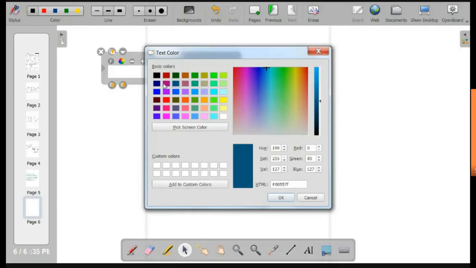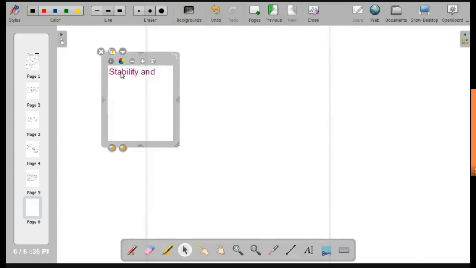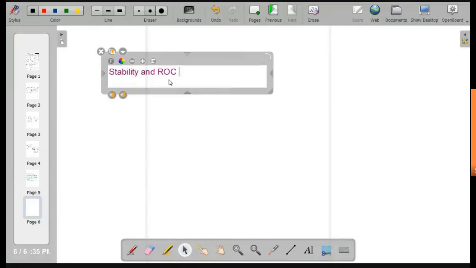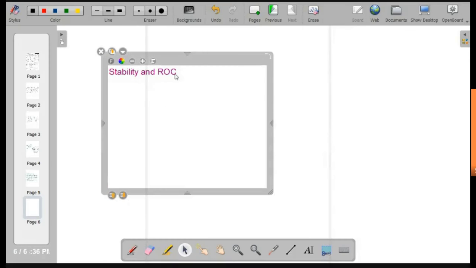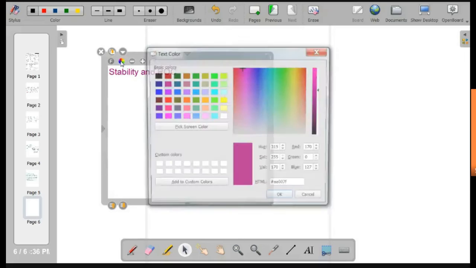I want to say that stability and ROC, what is the relation? We'll just see that this becomes very understandable. This is a very important feature.